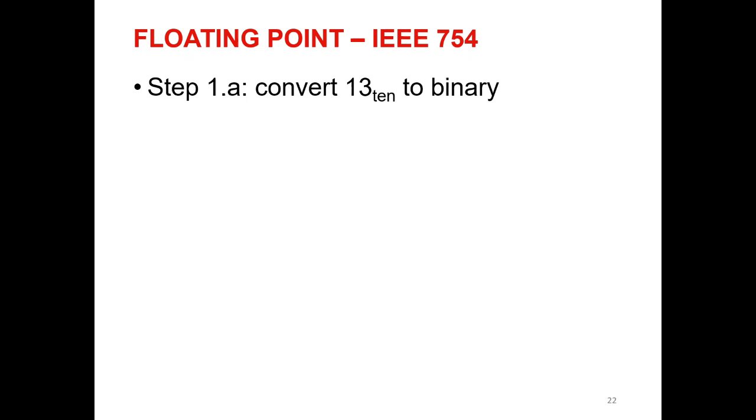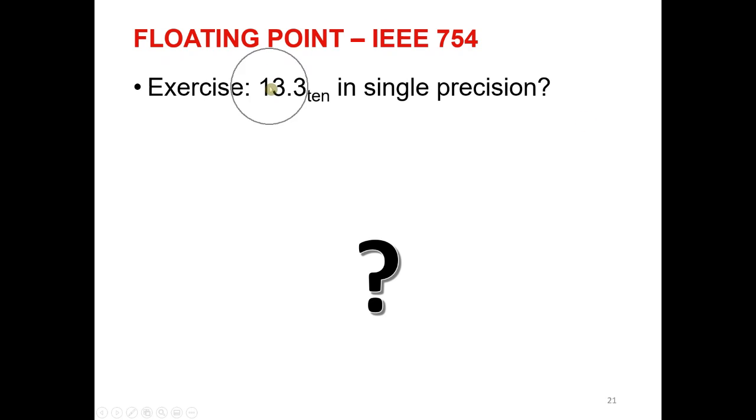Okay? So we are going to convert the 13 first. If we were going to convert the 0.3, the decimal part, we would be multiplying by 2. For the part before the point, we are going to divide by 2.